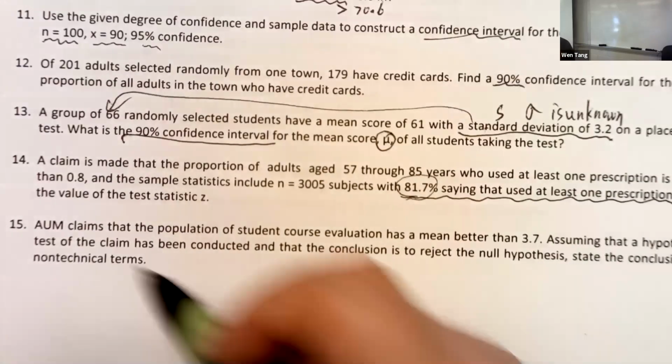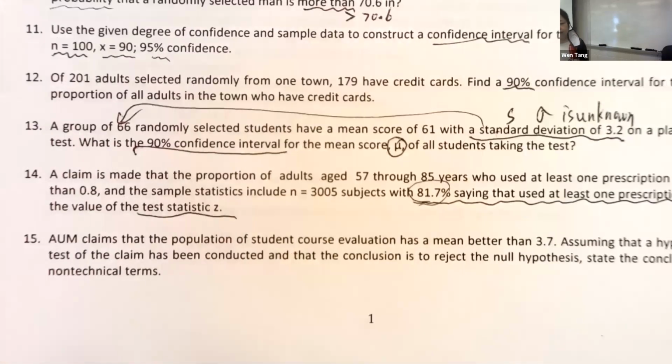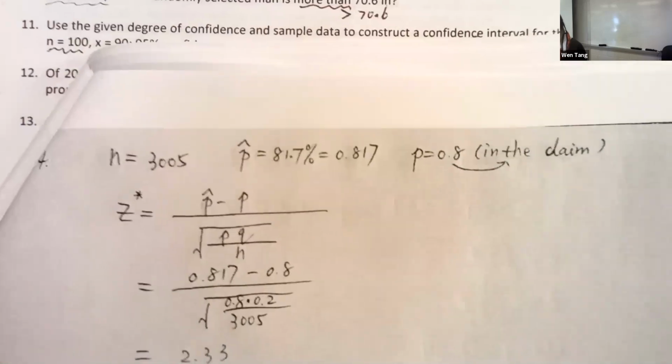So we need to find the test statistic Z. This test statistic Z is about the test of the proportion. So let's list the information first.